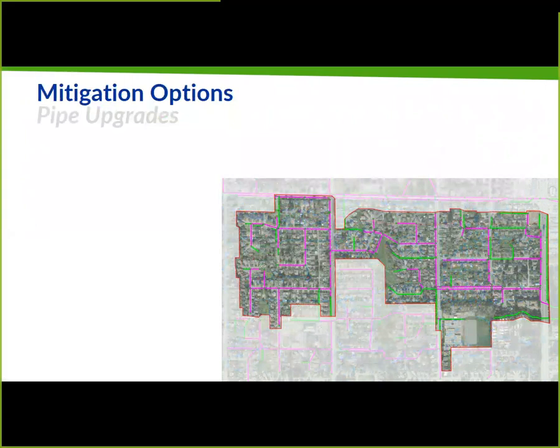And you can see the pipe network here in this picture, and the pinkish colored pipes are the ones that would have to be replaced to meet the current design standards. The green ones are the ones that are okay in terms of capacity, but not necessarily in terms of design life. So some of these pipes might already be 50, 60 years old, and you'd want to replace them anyways.